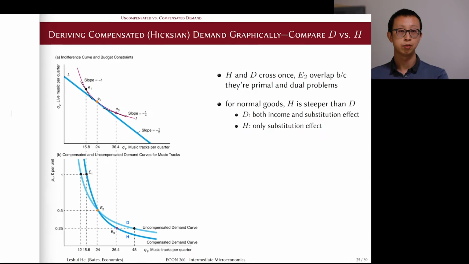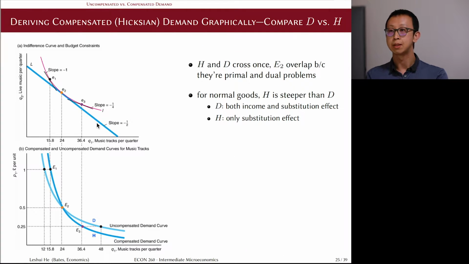On the demand curve here, we see that as the price increases, the Hicksian demand falls back, and that's exactly why the demand moves down from the level at E2 to the level at E1 as the price increases from 50 cents to $1. But why is the Marshallian demand here flatter than the Hicksian demand?